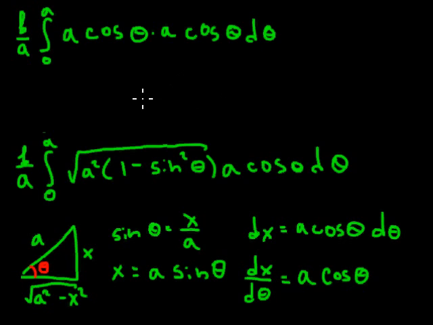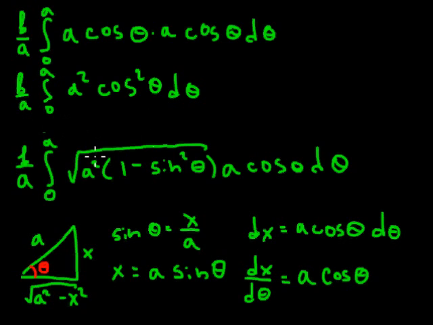Okay, let's simplify it more. We have b over a, integral 0 to a, a times a is a squared, cos times cos is cos squared theta d theta.